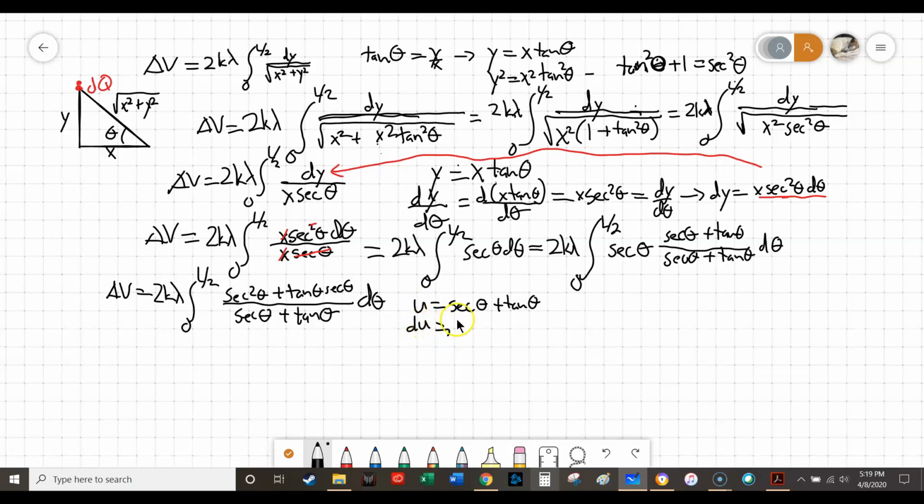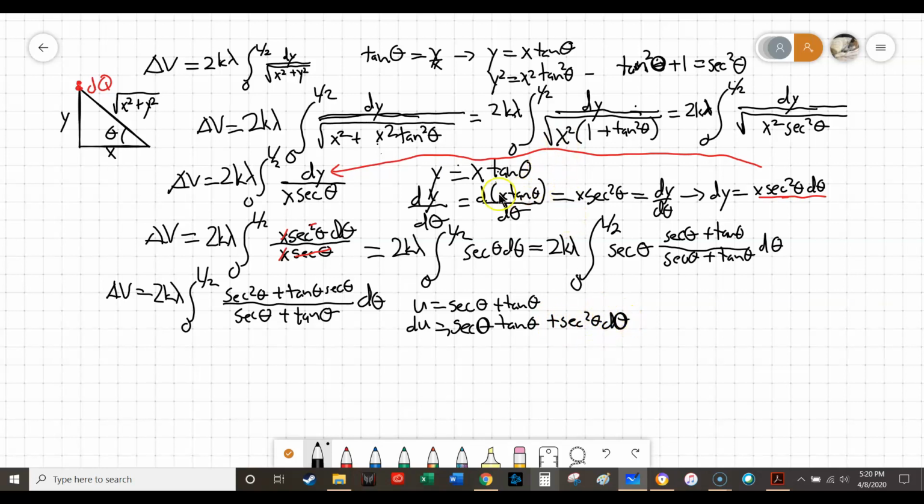He was a nice fella. So I'm going to differentiate both sides of this, and what we're going to get is secant of theta tangent of theta plus secant squared of theta, d theta.